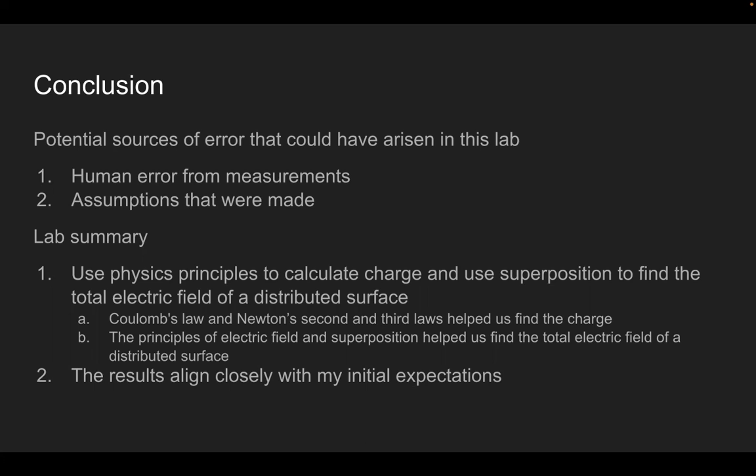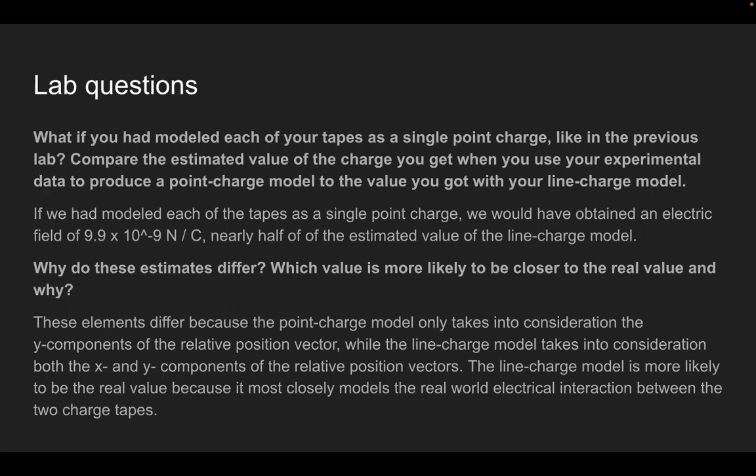We were able to use Coulomb's law and Newton's second and third laws to help us find the charge of the tapes. And we used the principles of electric field and superposition to help us find the total electric field of a distributed surface. And the results align closely with my initial expectations.